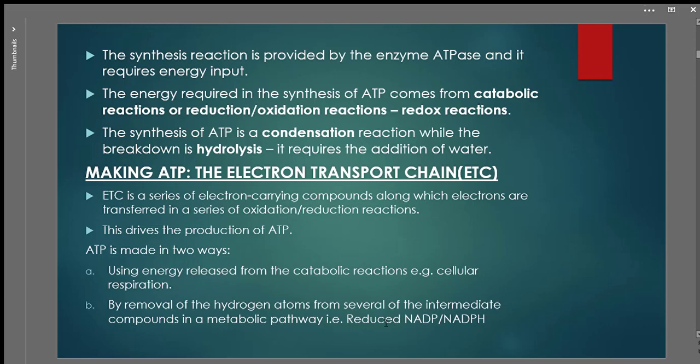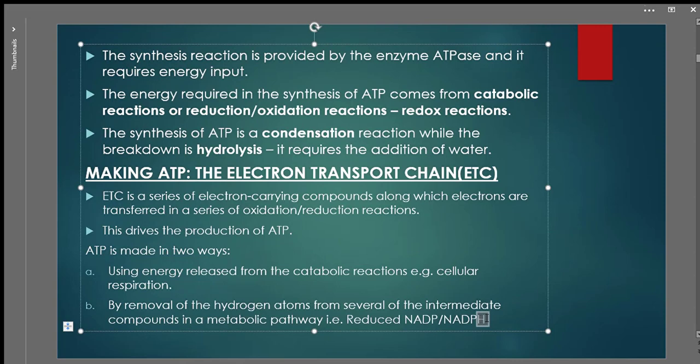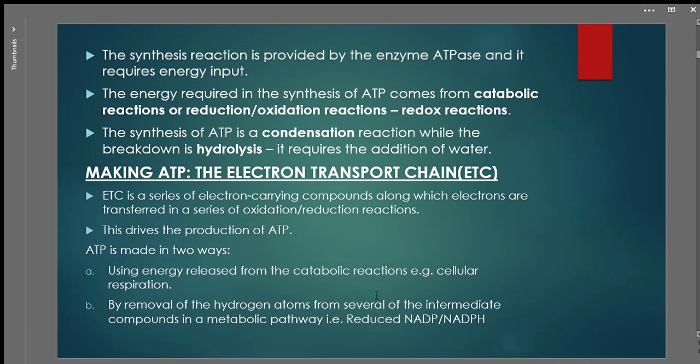Once it gains hydrogen atoms, we say it is reduced NADP, or just NADPH, because this H shows that it has gained that electron. When we talk of the removal of hydrogen atoms, the energy that was used to bond these hydrogen atoms to the NADP is now used to join ADP and inorganic phosphate to form ATP.